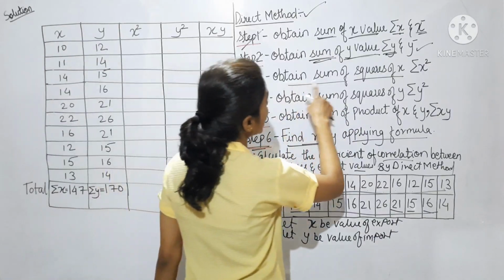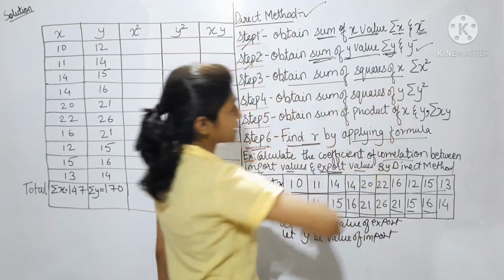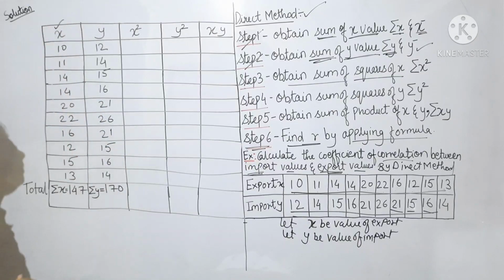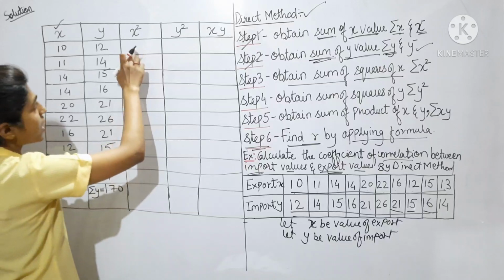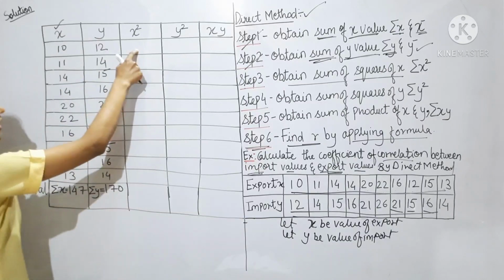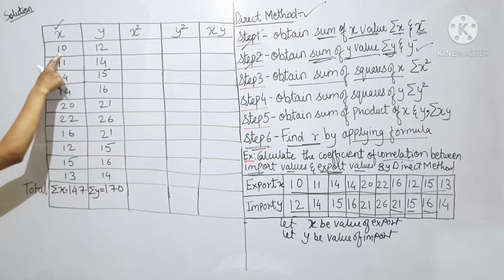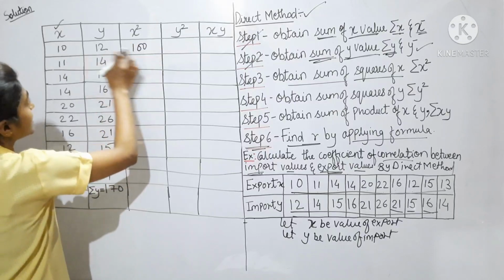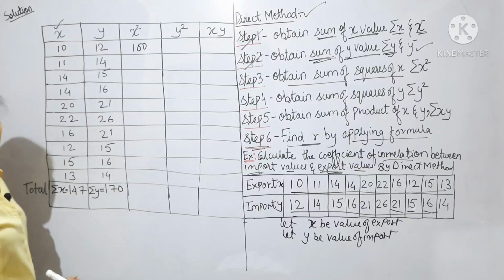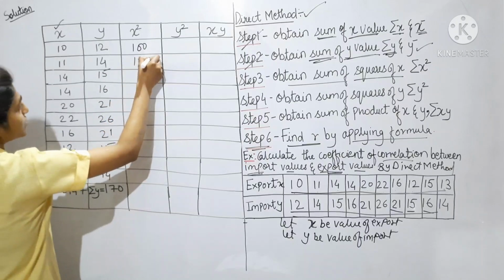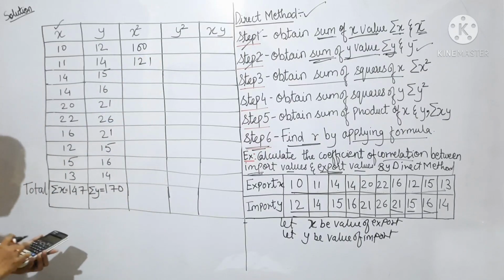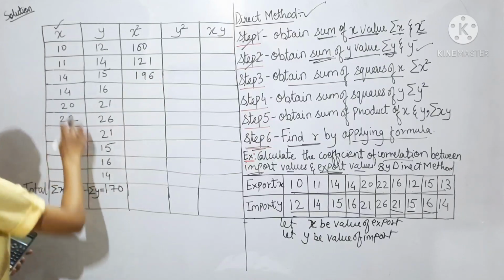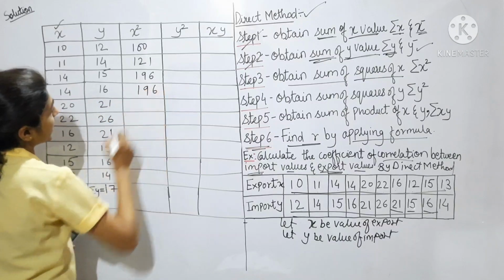Now the next step: obtain the sum of squares of x, that is x square. The square of x, you are going to write under the x square column. So first is 10; the square of 10 is 100. Square of 11 is 121. Square of 14 is 196. Square of 14 again, 196.